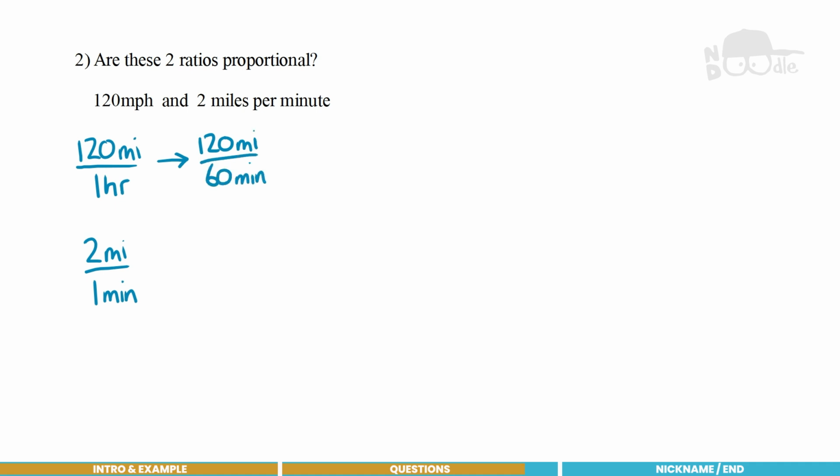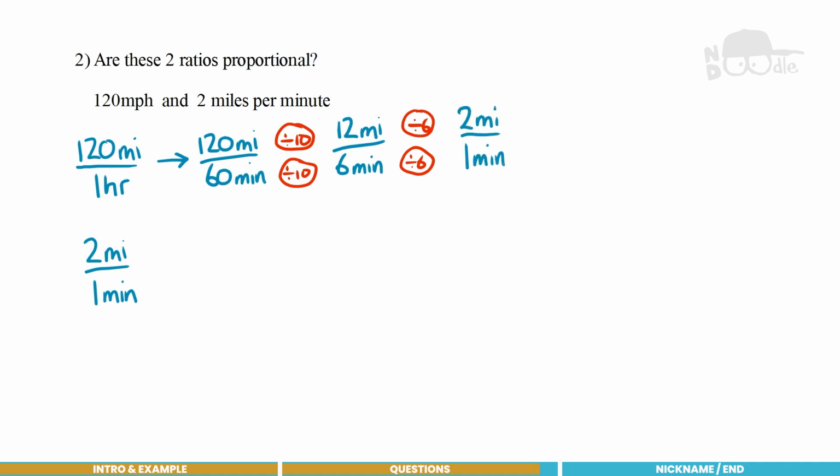If you don't immediately spot a common factor of 60, you should be able to spot that these can divide by 10, top and bottom. Then we can see a common factor of 6, so dividing top and bottom by that gives us a ratio of 2 miles per 1 minute. This immediately matches our second ratio, so we can see that the two ratios are proportional.